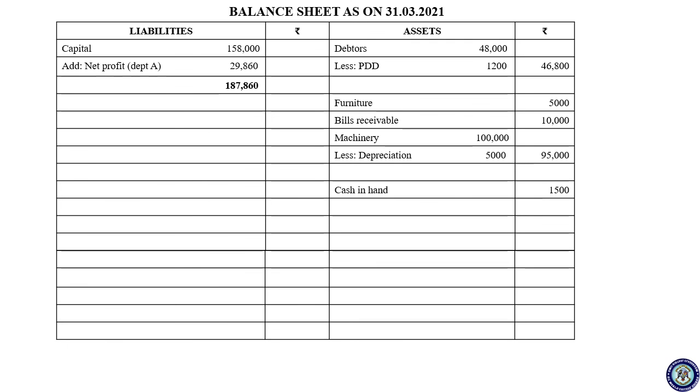But the department B incurred loss, right? So that you have to deduct. So you have to deduct net loss that is incurred by department B, 8,230. The net capital you will get after adjusting the profit and loss, that is 1,79,630.